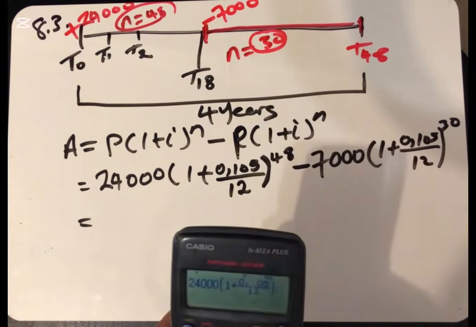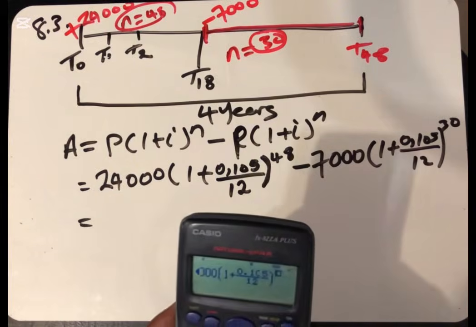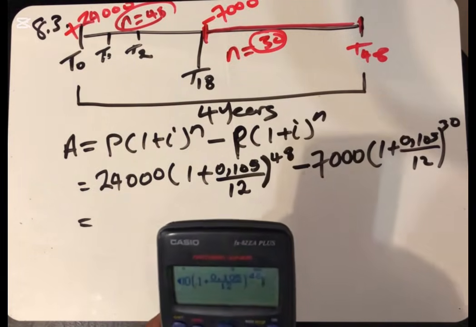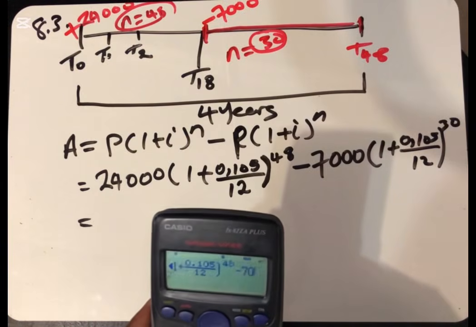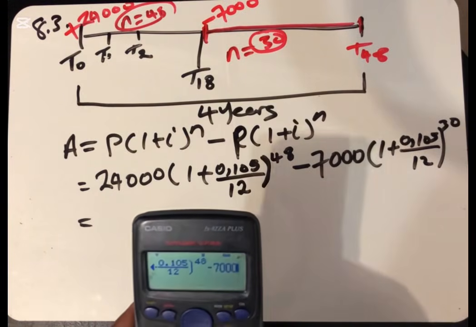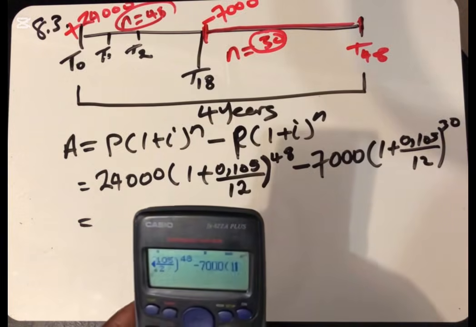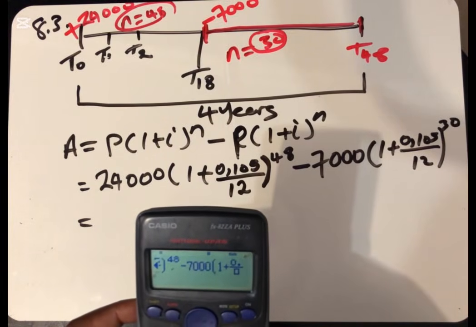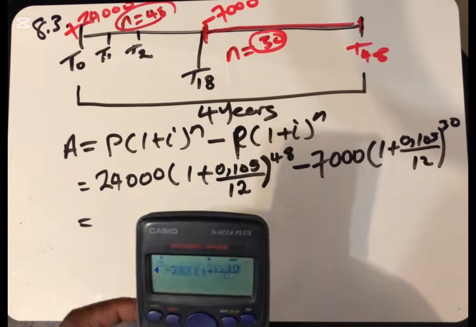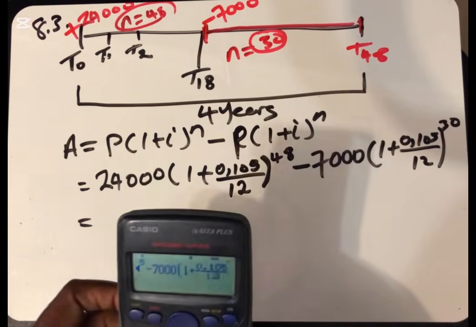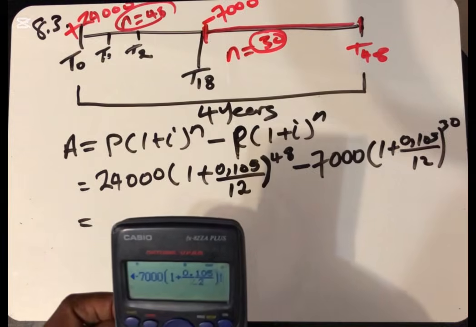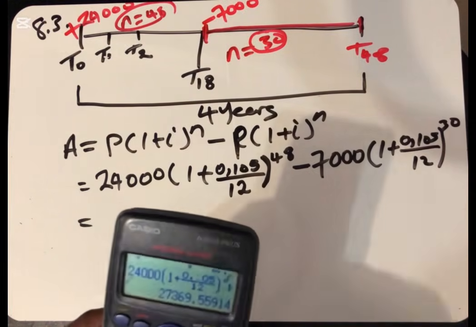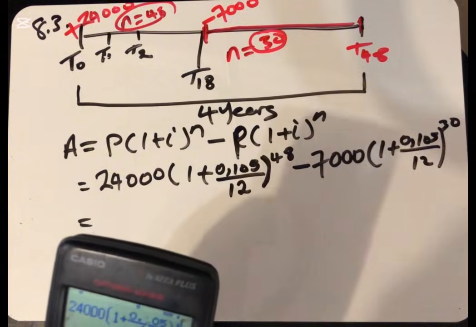Close the brackets, to the power 48, minus 7,000, open brackets, 1 plus 0.105 over 12, close brackets, to the power 30. Let me see how much I'm getting here.